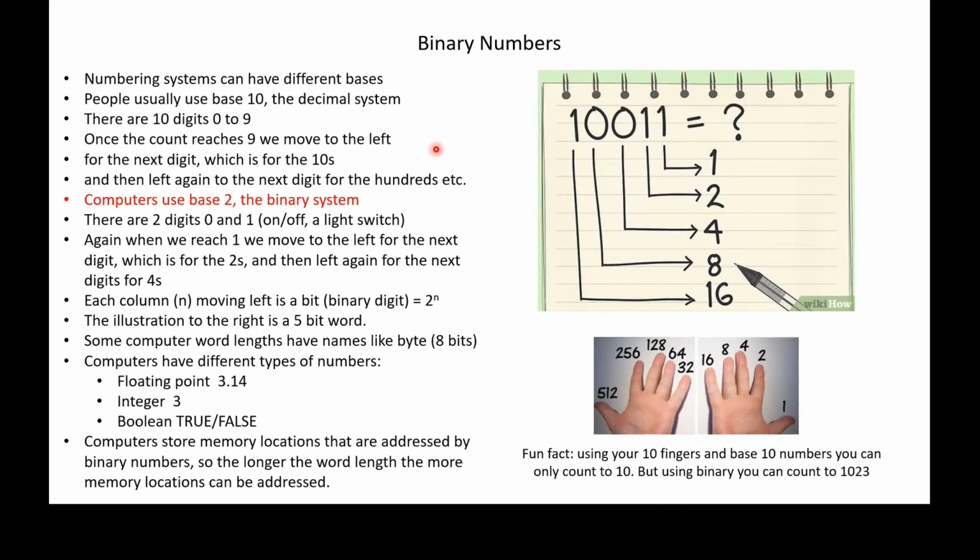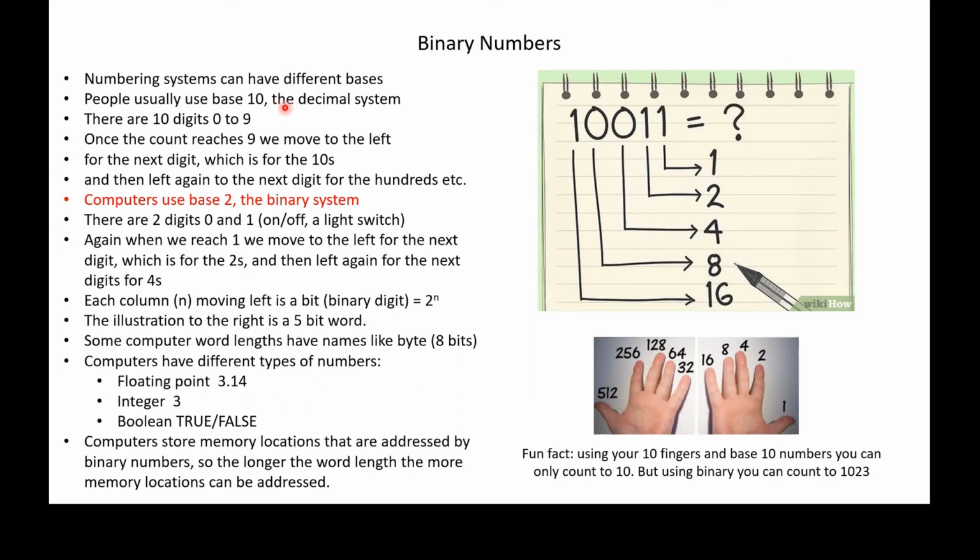How do we get our signal into the computer where we only have binary numbers? Well, first of all, let's start to think about what binary numbers are. We are very used to counting on a base of 10, but numbering systems can have different bases.